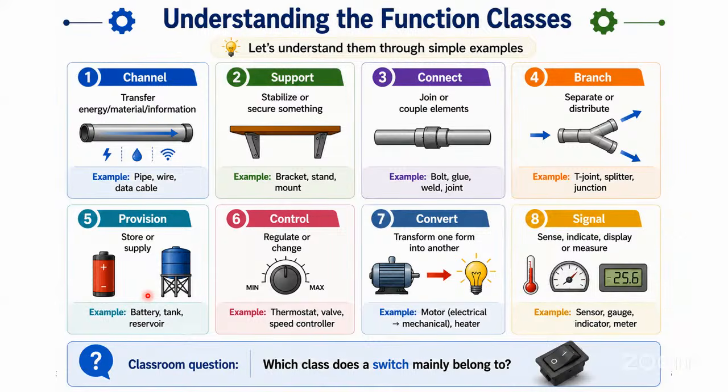For example, we have battery or a tank or a reservoir as an example. Then we have control. Control knob, it regulates or changes the value. Then we have convert, that is from one form to another form we are going to convert. Then at last we have signal. A signal indicates some value, or it senses and tells us what is the current state now.